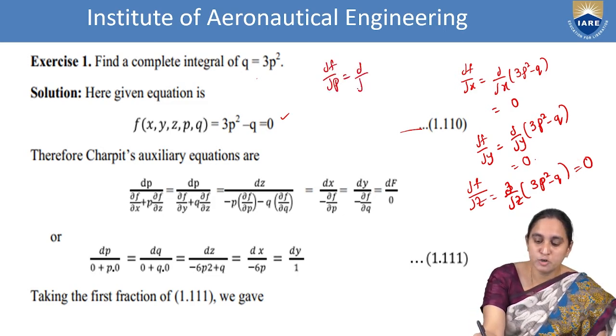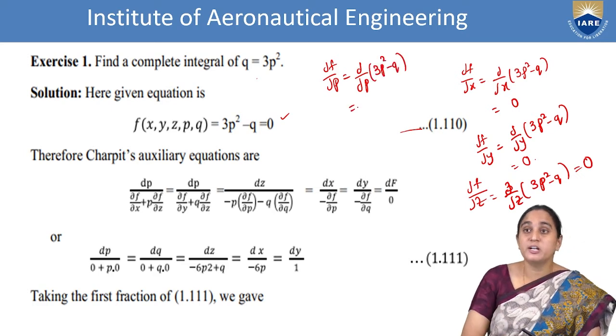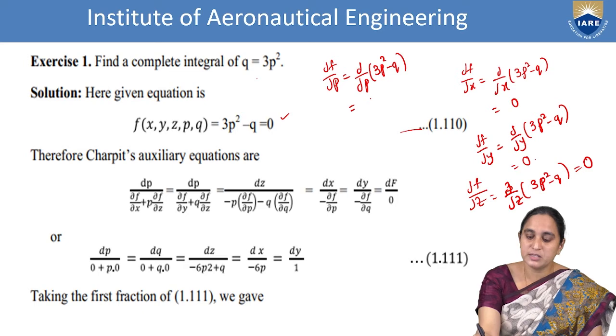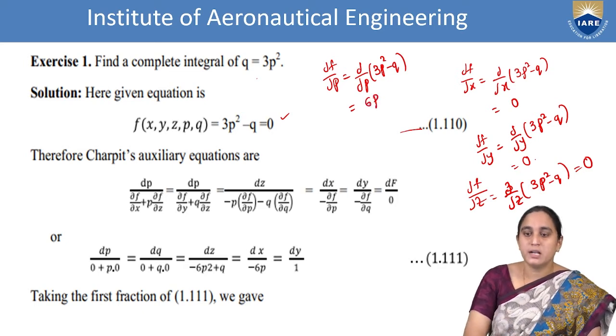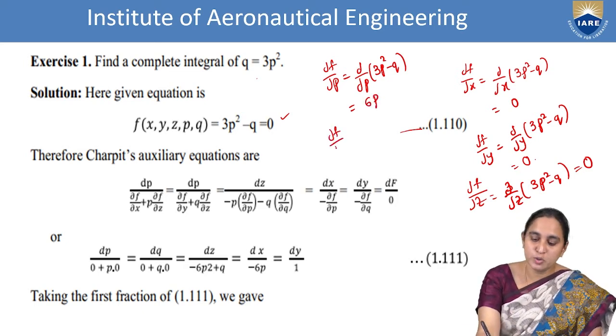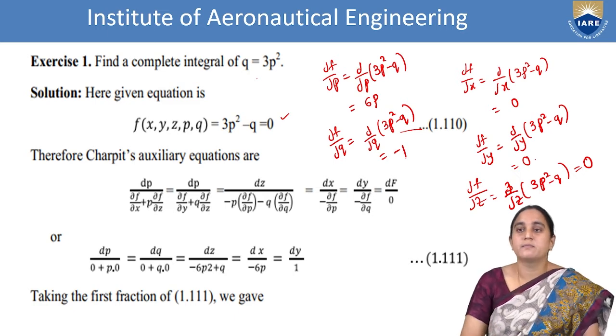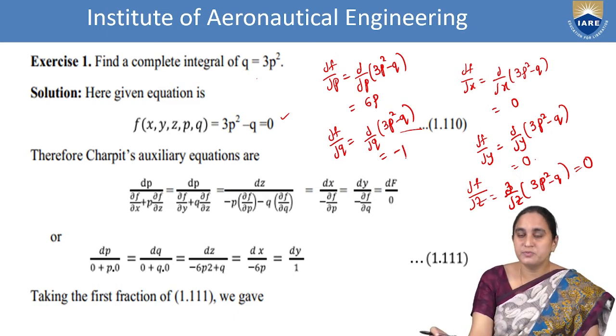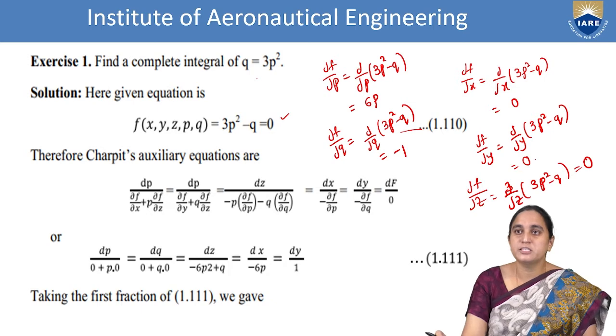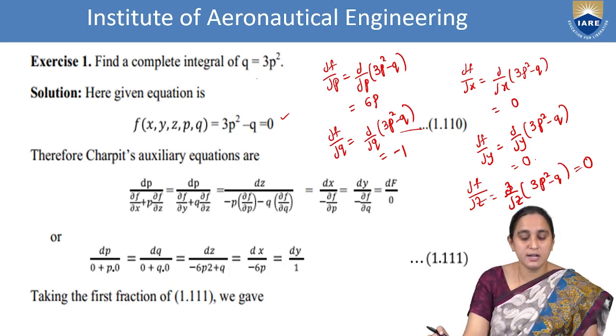That is ∂/∂p of 3p² − q, which is 6p. And next, with respect to q, ∂/∂q of 3p² − q is equal to −1. These are the differentiations of f with respect to x, y, z, p and q.